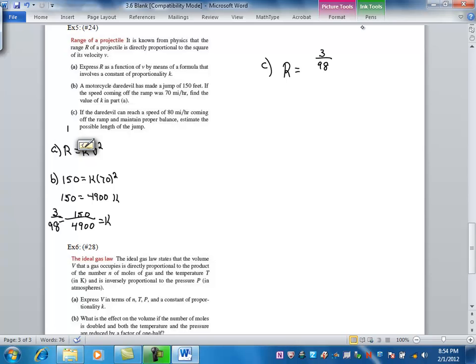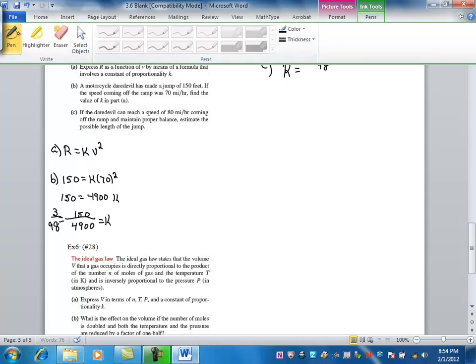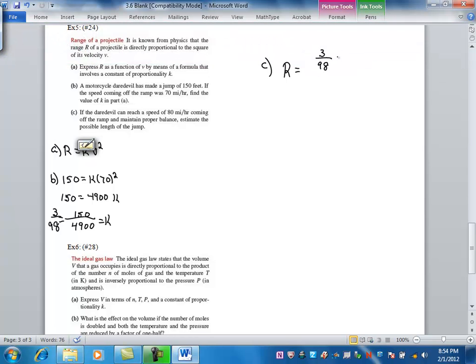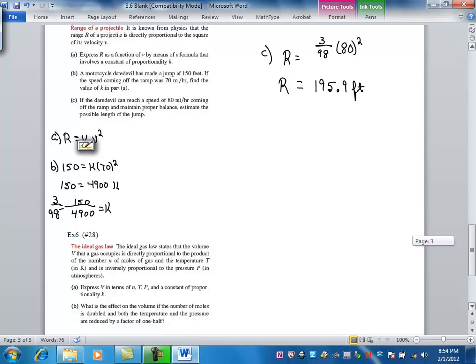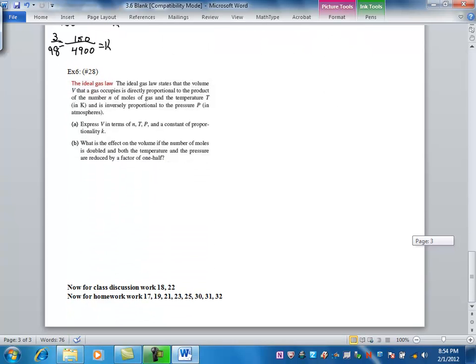We are going to multiply by 80 miles per hour squared. And this gives me a range of 195.9 feet. Alright, so if you have questions there, certainly bring those to our attention when we get to this in class.